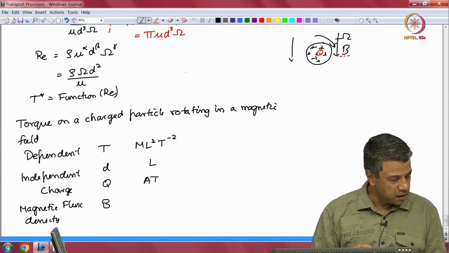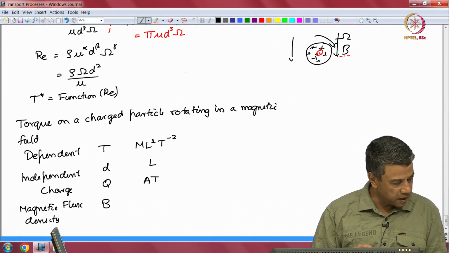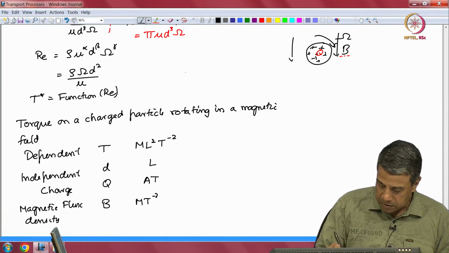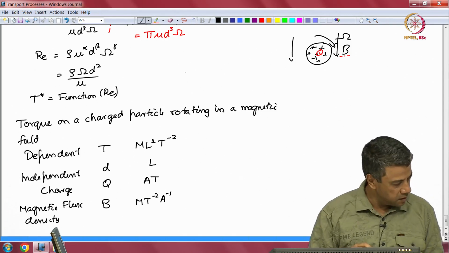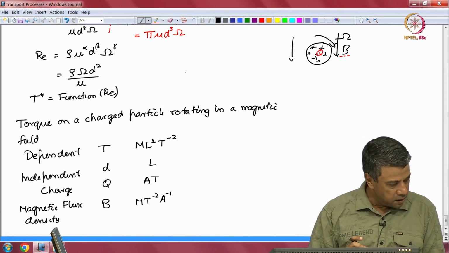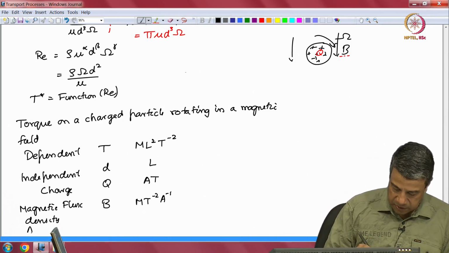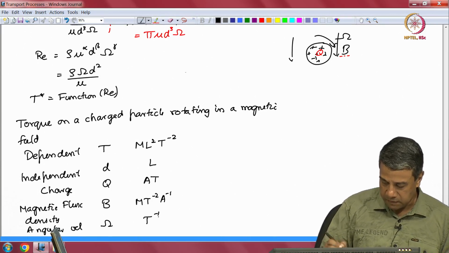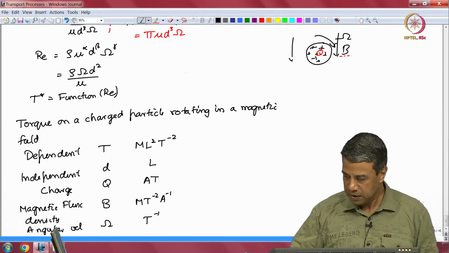It turns out that the dimension of the magnetic flux density is m t power minus 2 A inverse. And then of course, you have the angular velocity with dimension t inverse.